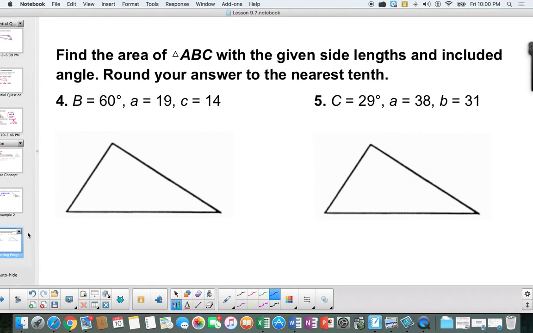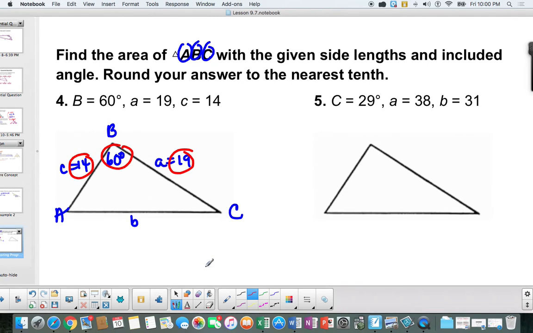Okay, your turn. Before we start though, let me get you started on this first one, number 4. Let's go ahead and write our vertices here. So we're going to write A, B, C. Our B is 60 degrees. Remember that this is lowercase b. This is lowercase a, which happens to be 19, and over here lowercase c, which happens to be 14. So here we have our two sides, and we have our included angle.